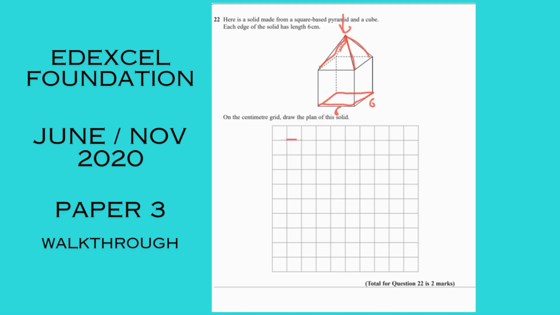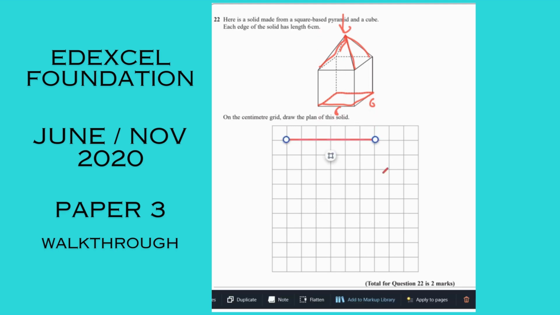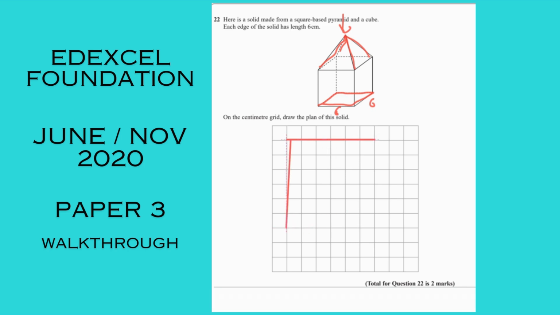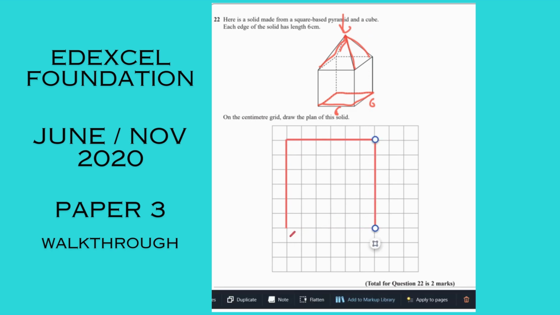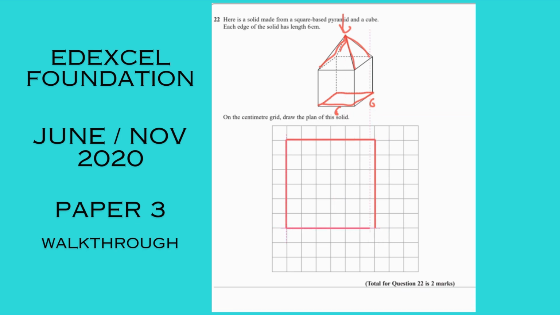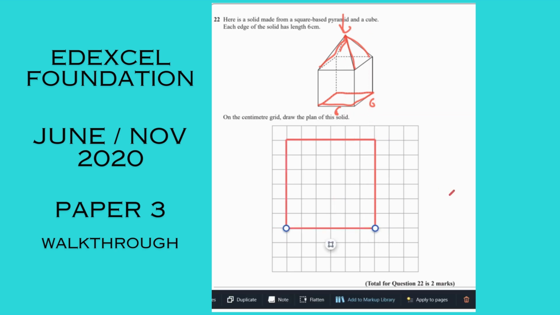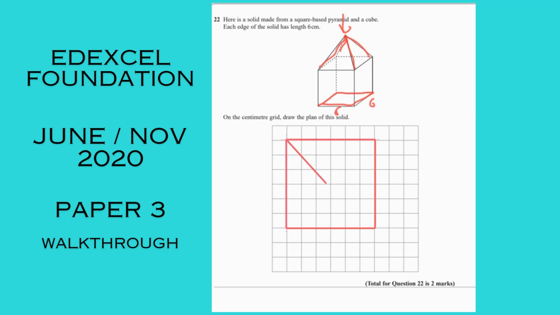So from there along we go to 6. That will give us 6. Another 6. You've earned a mark. You've got the plan view of the outline, but these little ridges, they're diagonals.